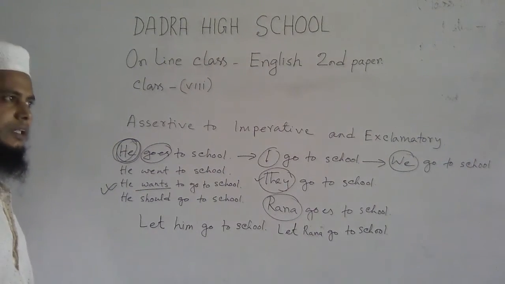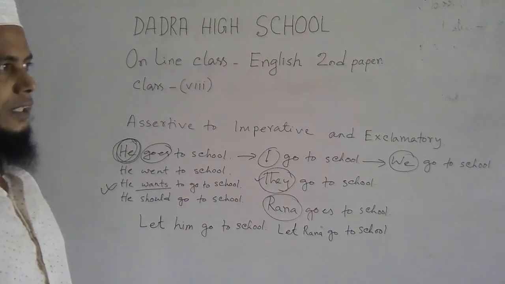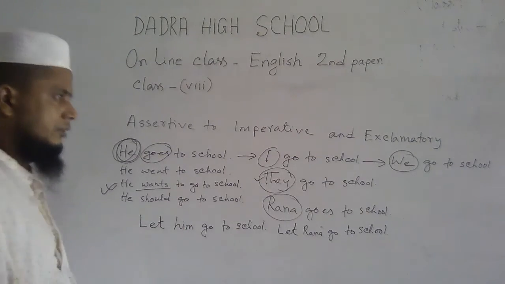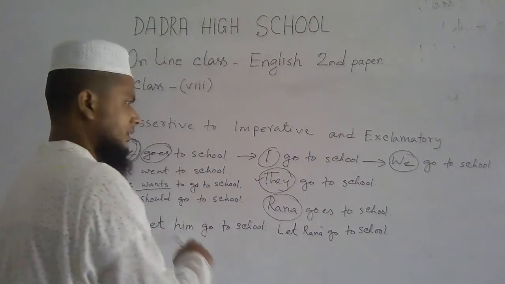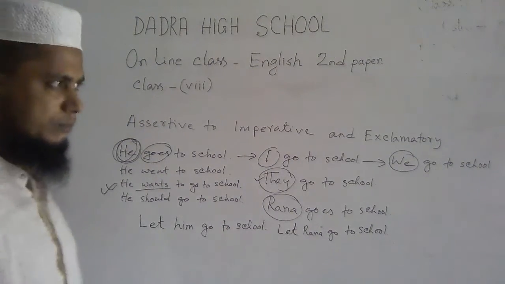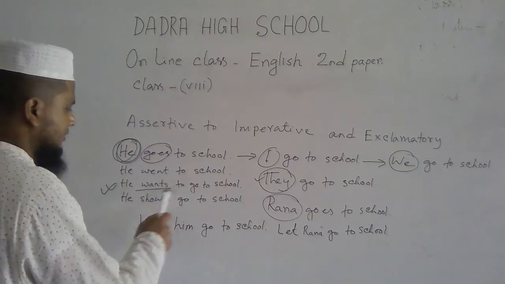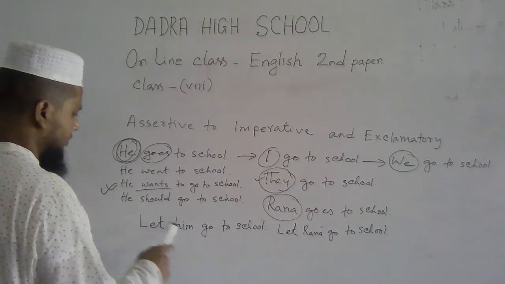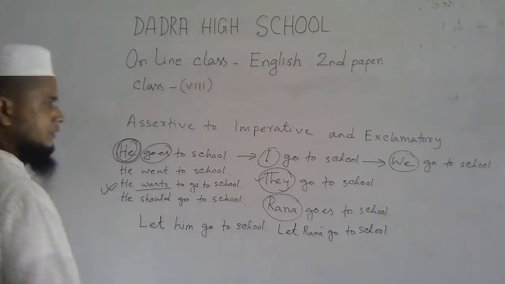If any assertive sentence takes wants and then an infinitive, you will give up wants and make the infinitive into base form for the imperative sentence. So he wants to go to school, you have to give up wants, and then use objective case and the base form of the infinitive, go.